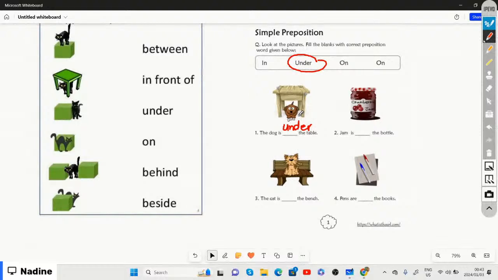We look at the second one. It says jam is in the bottle. So we first need to open the bottle and then we scoop out the jam. So basically, is the jam in the bottle or is it on the bottle?